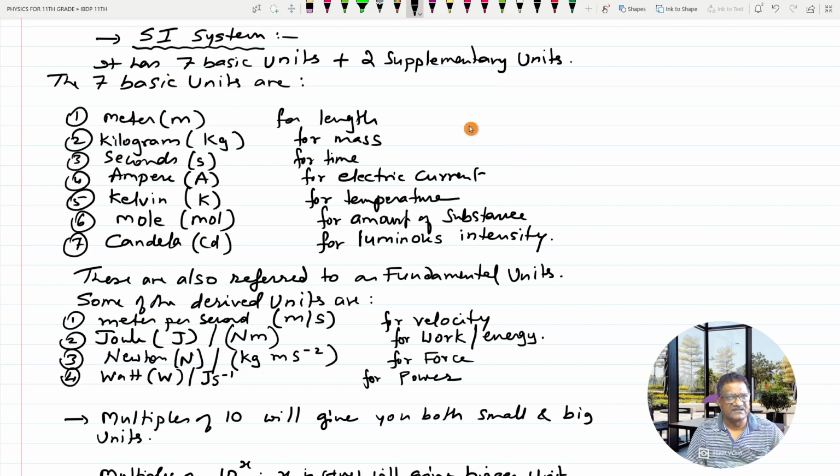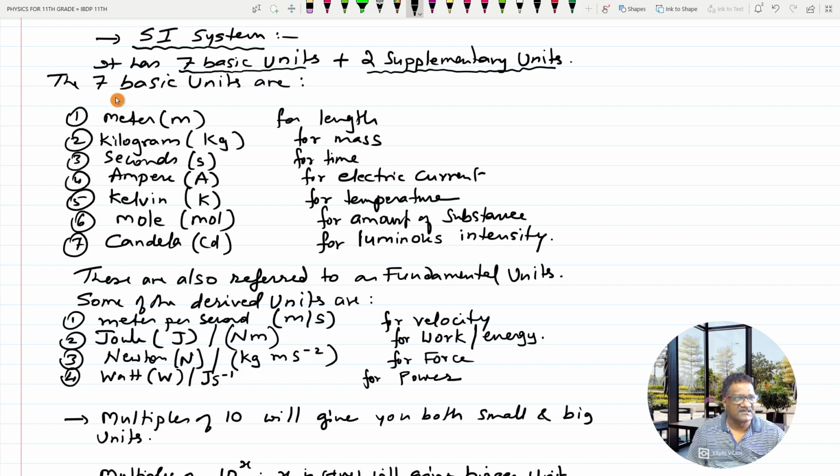This was introduced in the 1960s, and since then it has been accepted by every country of the world. In this system you have 7 basic units, and you have 2 supplementary units, so a total of 9 units are there in this particular SI system.